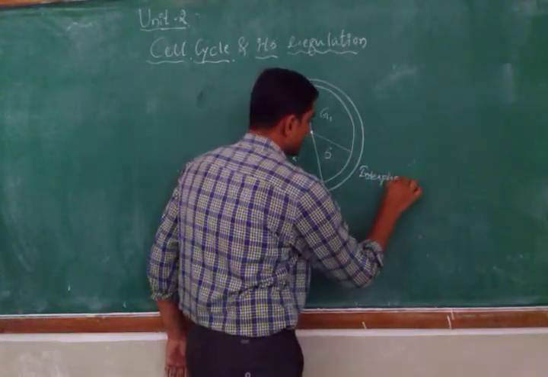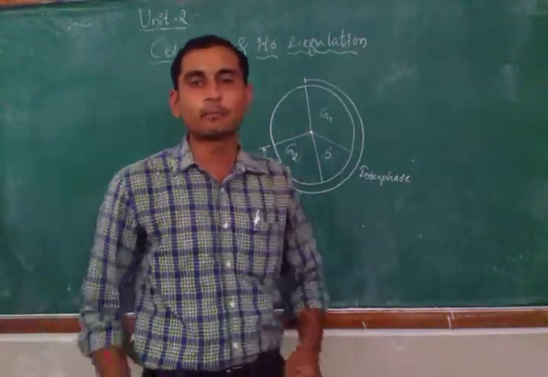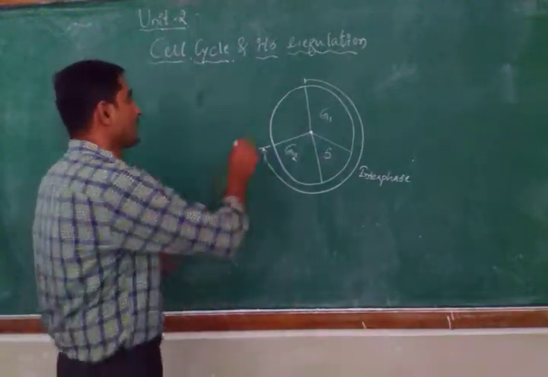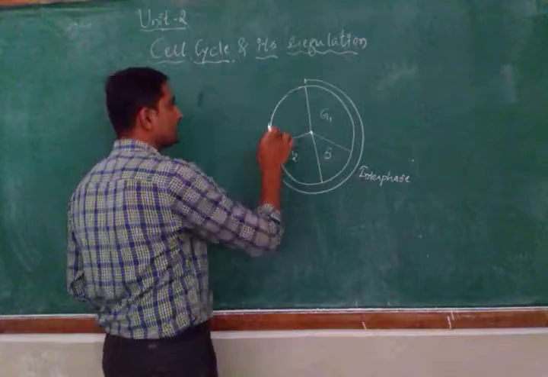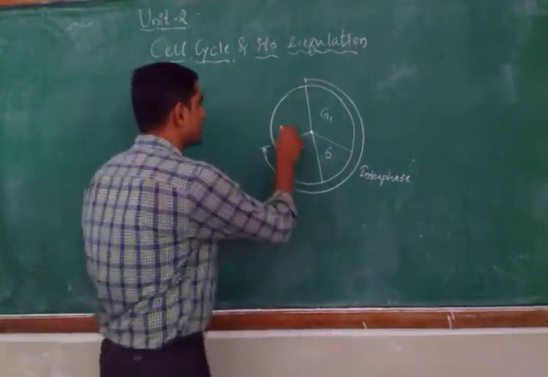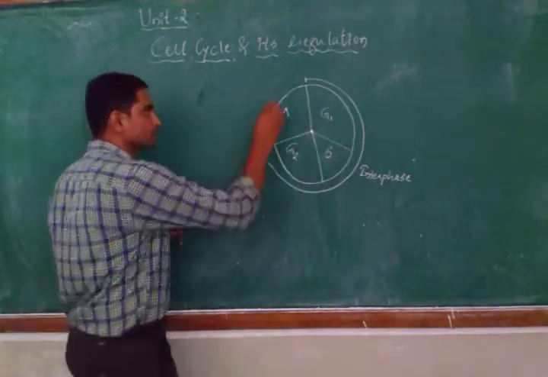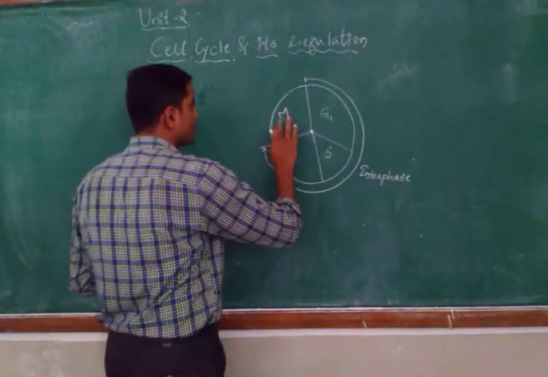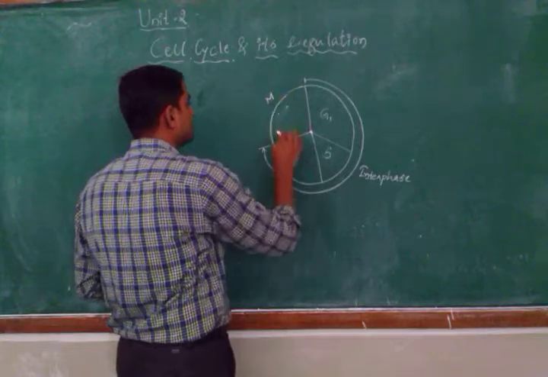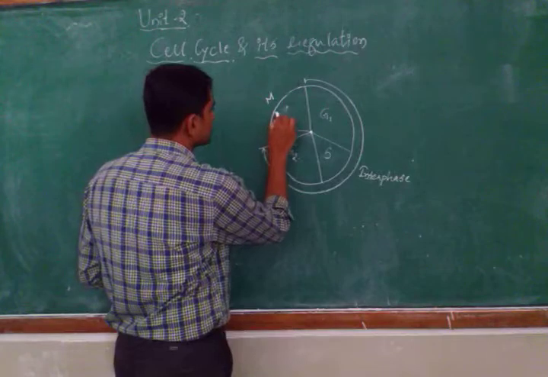This interphase is a stage where the cell prepares itself to undergo cell division, and the remaining phase, in which nuclear as well as cytoplasmic division occurs, is termed M phase. M is for mitotic phase. This is a phase in which you get mitotic division of the nucleus as well as the cytoplasm.